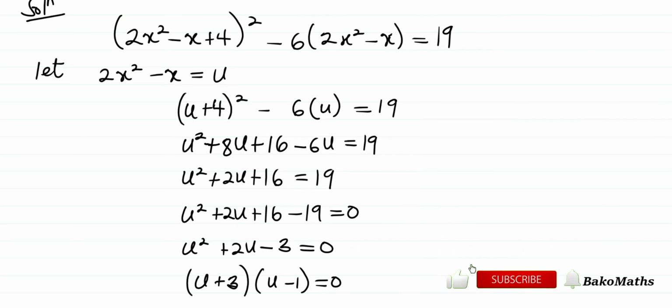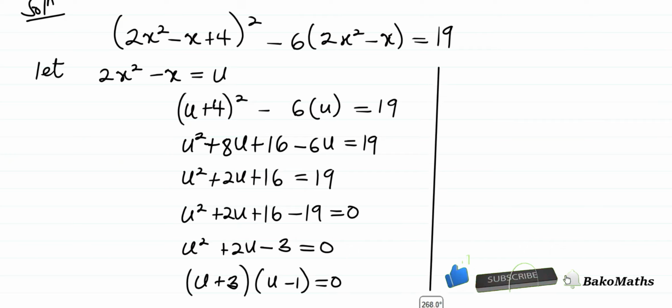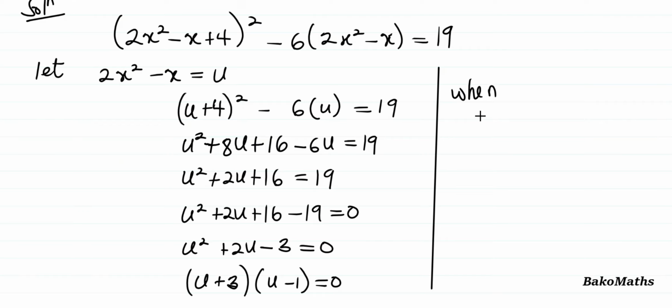So here, when we find u, when u + 3 is equal to 0, then our u is equal to −3. Again, when u − 1 is equal to 0, then our u is equal to 1.